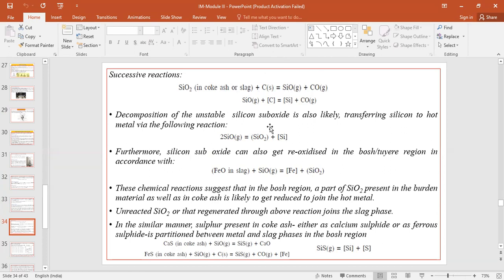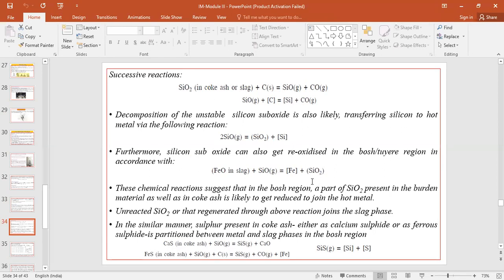This gas may come in contact with the carbon present in the hot metal, or it can also come in contact with FeO in the slag. And this is how the dissociation takes place, forming Fe and SiO2.